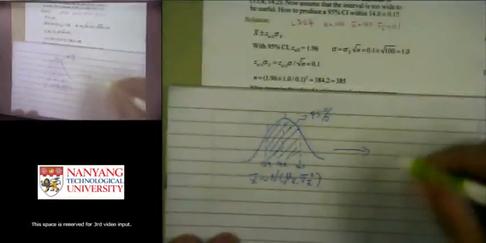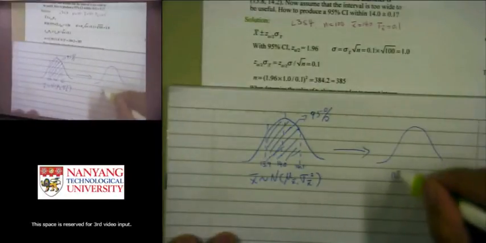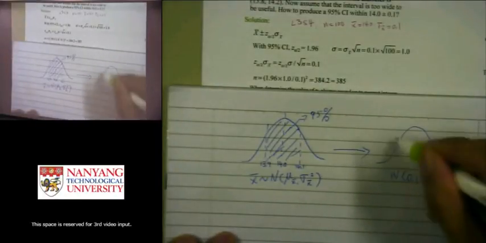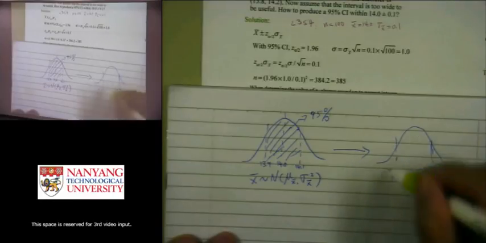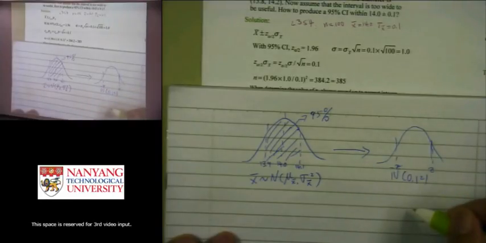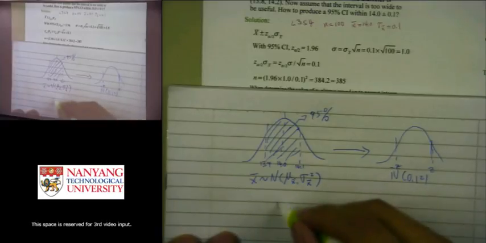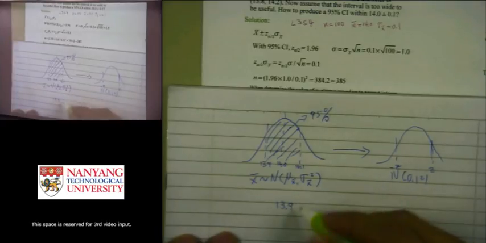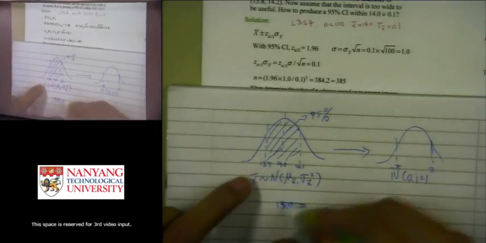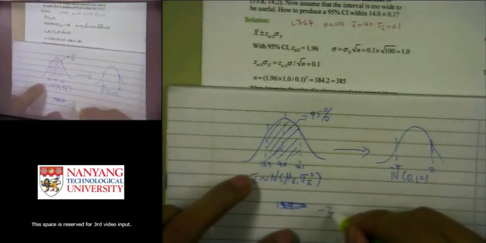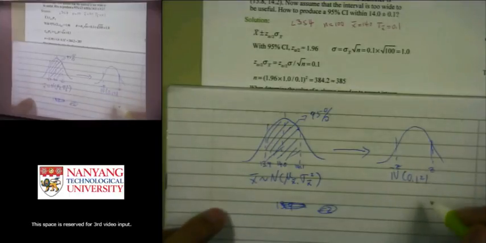We translate to the standard normal distribution, and find this z value, right? This is z. This is minus z, right? Then we get 13.9 equals. We get minus z. What's the value of minus z and z? Can you get it?